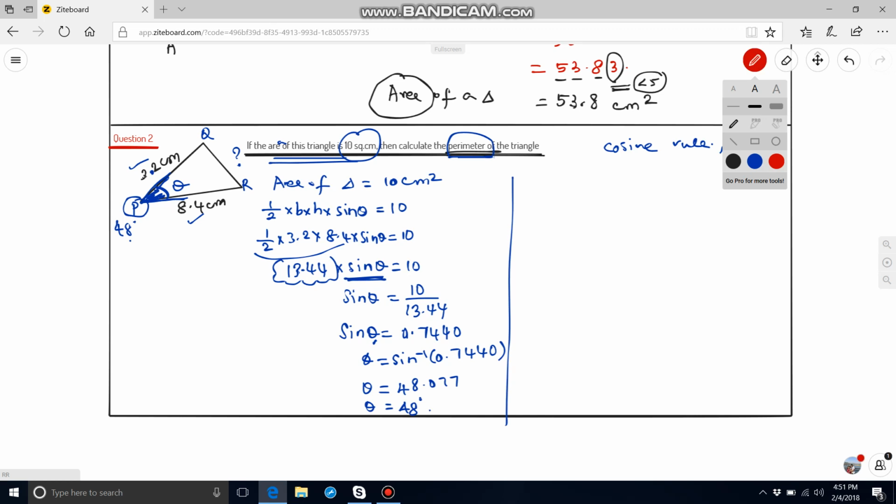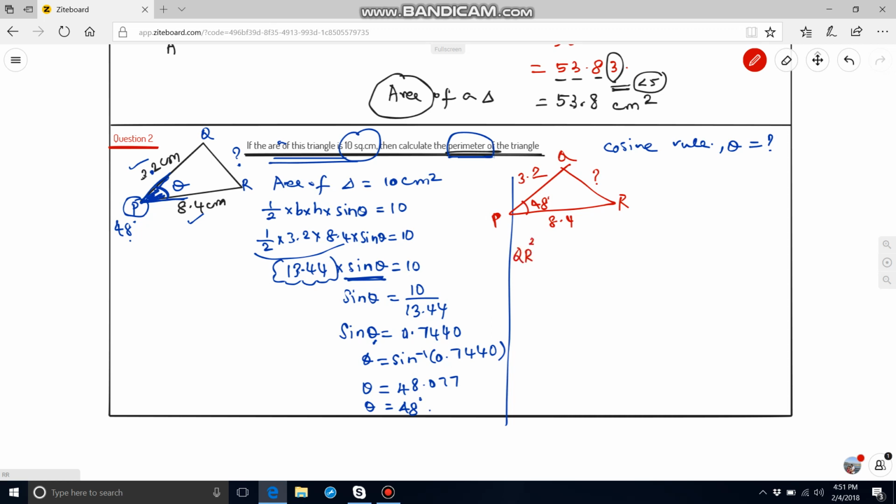Here for the cosine rule, again we can make the diagram. This is P, which is 48 degrees, and the sides are 3.2 and 8.4. The opposite side we need is known as QR. So we start the formula from QR itself.